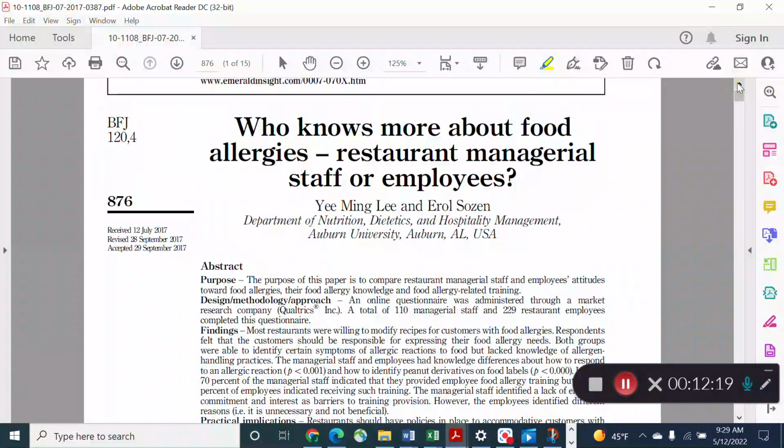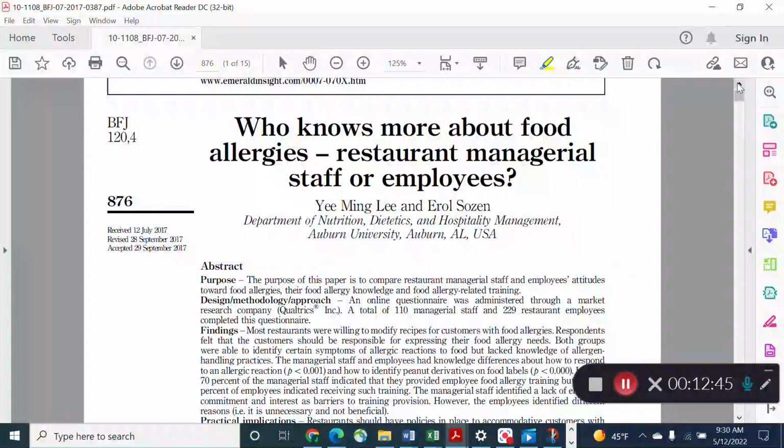So I'll scroll back up a little bit here. So the fences that are around this study, the delimitations around this study, are what we're measuring, the dependent variable, knowledge about food allergies. And as we read the article, we'll see that they actually did measure a few more things other than just who knows more.